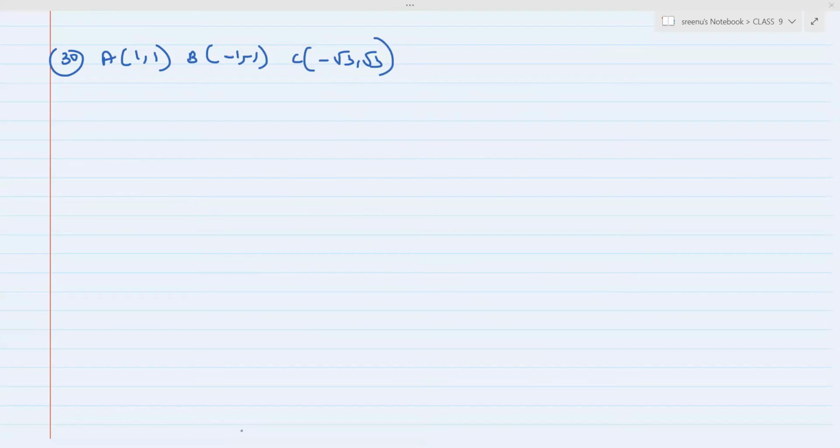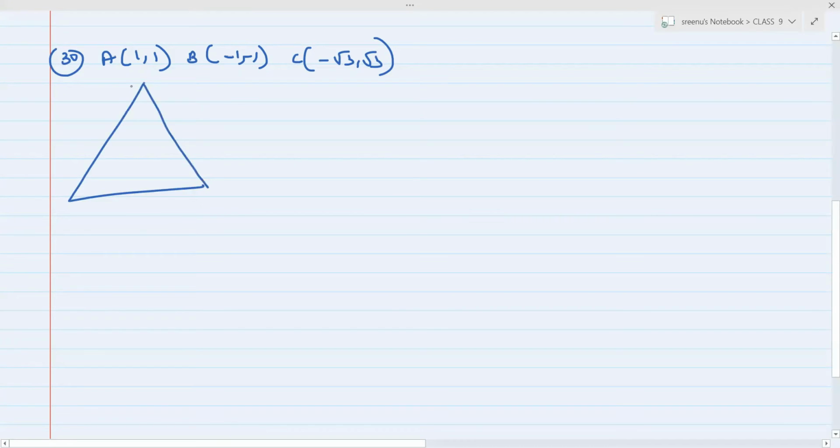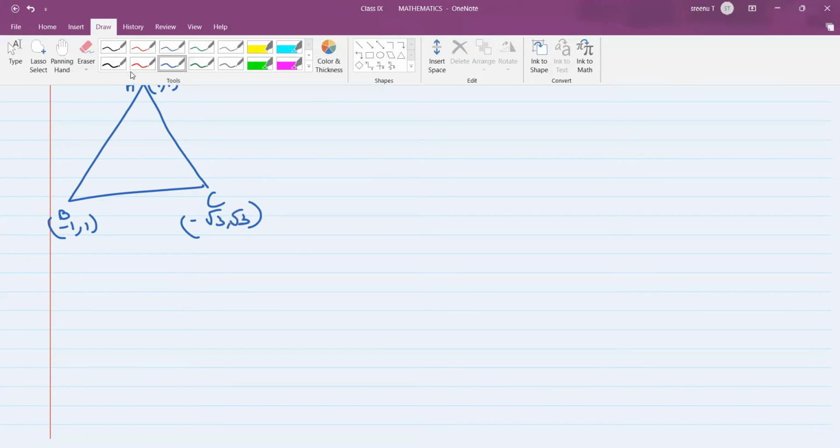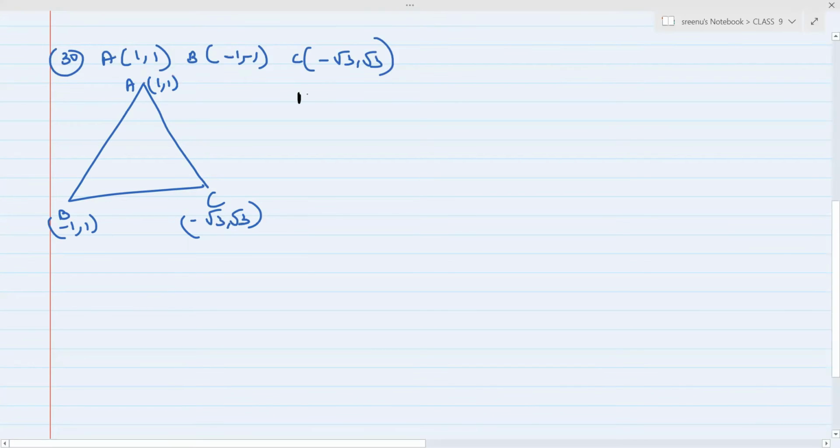First draw a triangle with these points. Then we have to find three values: AB, BC, CA. How will we get AB? Distance formula.